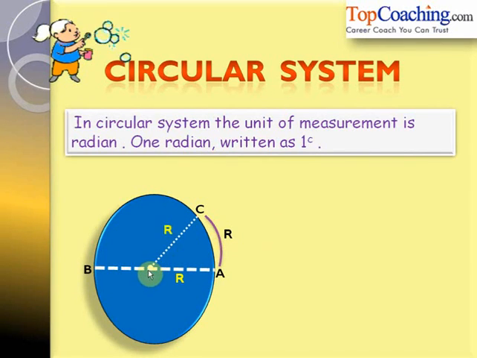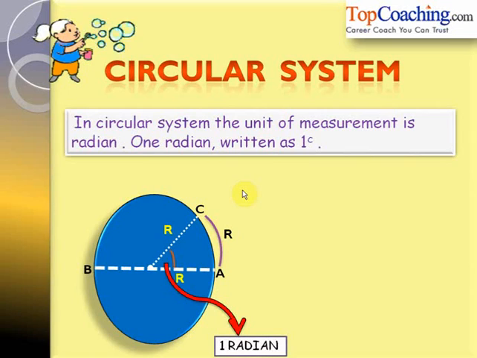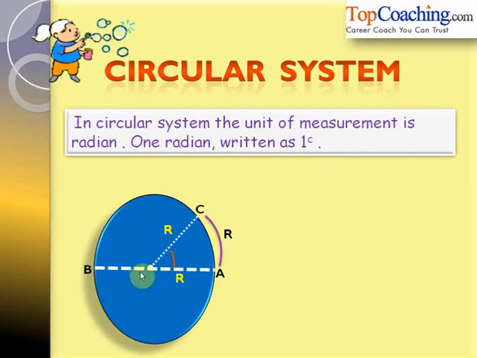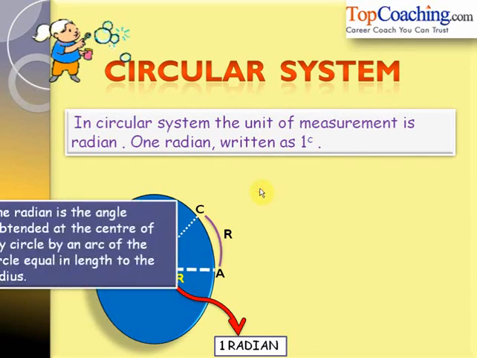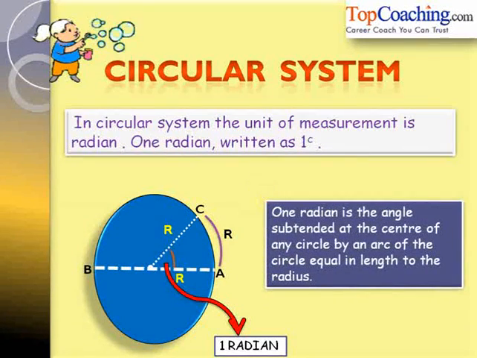Now from the center, if we draw a line to the point C, that would be equal to the radius. This angle formed by this diameter and this radius is known as 1 radian. So based on this, what we can say is 1 radian is the angle subtended at the center of any circle by an arc of the circle equal in length to the radius.